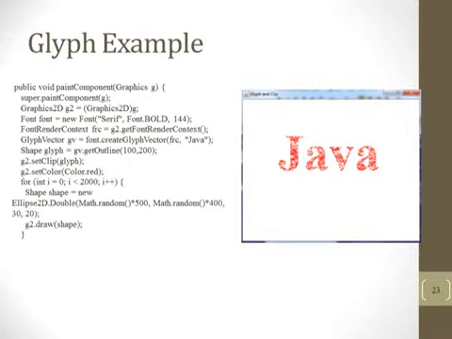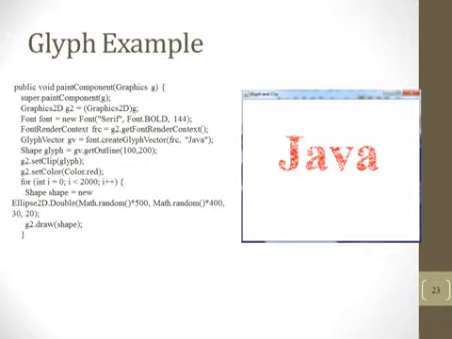So in this program, we display the special figure in a subclass of JPanel. The paint component is overridden to perform the drawing. A bold 144 serif font object is created. Then a font render context object is obtained through the Graphics2D object.